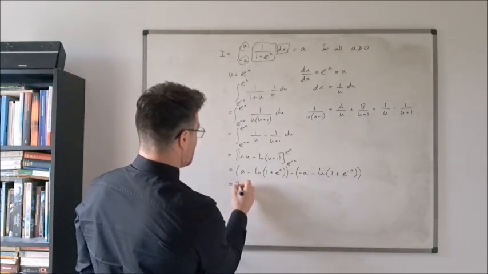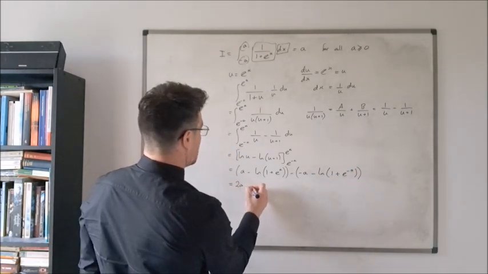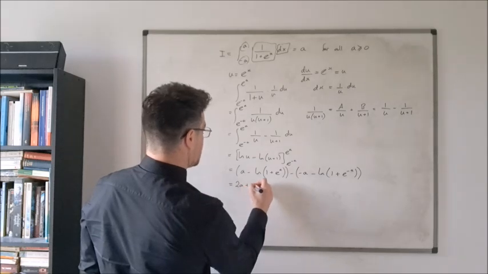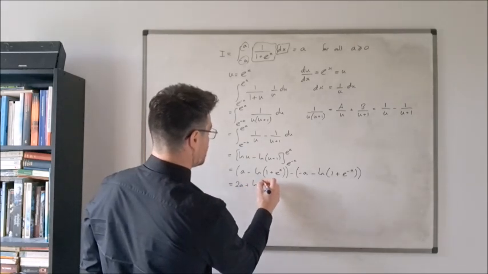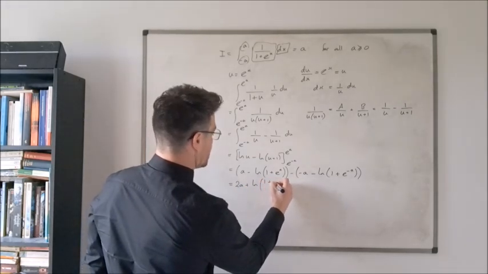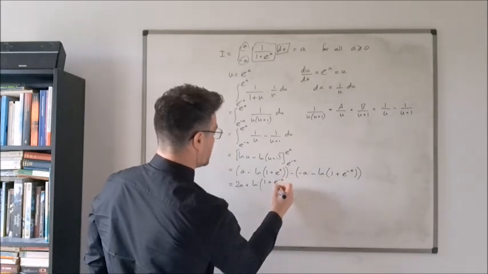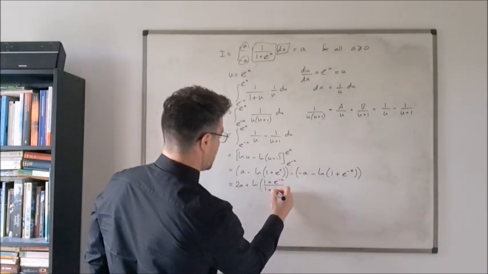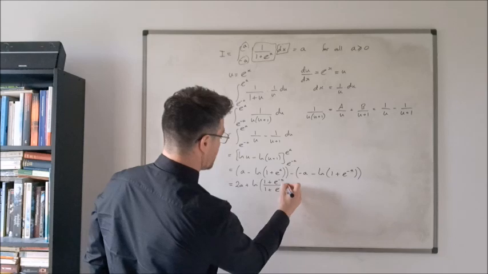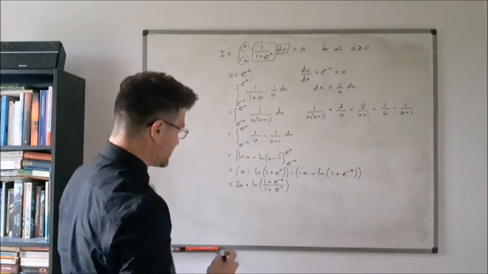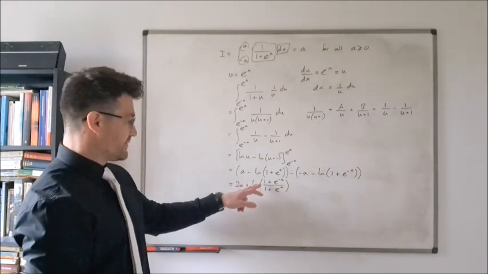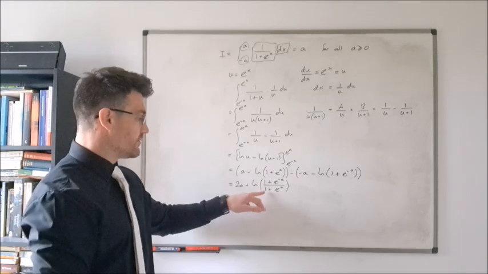Which is going to be 2a plus the natural logarithm of, and I'm not going to spell out all of the details of what I'm doing here, I'm just using laws of logarithms. So I get 2a plus the natural logarithm of 1 plus e to the minus a over 1 plus e to the a.